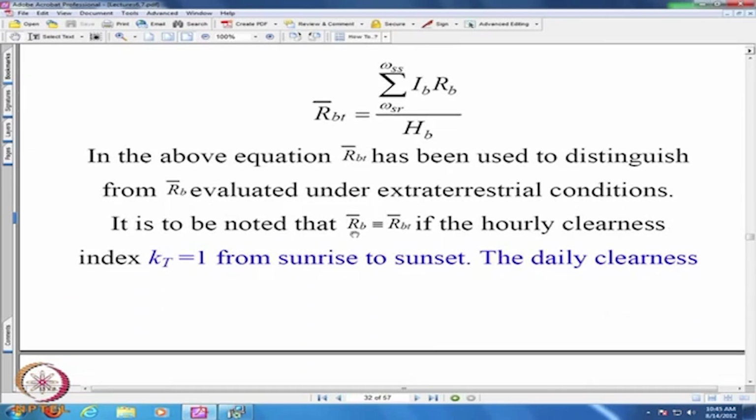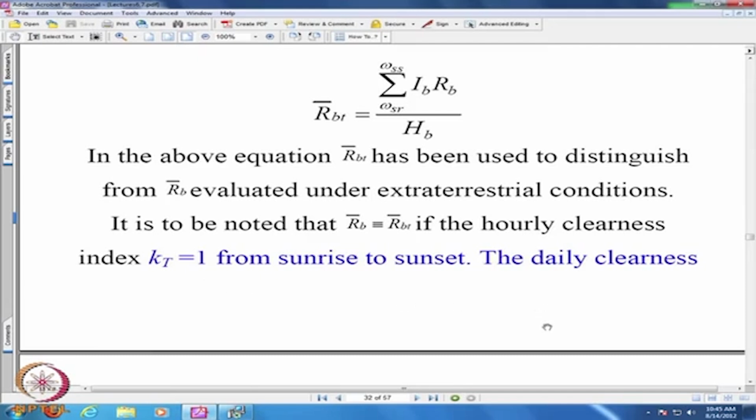Now, this value of RB bar evaluated under extraterrestrial conditions shall be identically equal to the value under terrestrial conditions if the clearness index is equal to unity throughout the day. If KT is equal to 1 for all the hours, or if capital KT is equal to 1, it ensures that small kt is equal to 1 for all the hours.